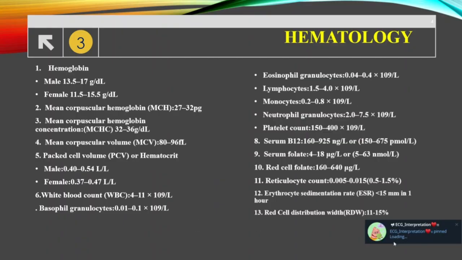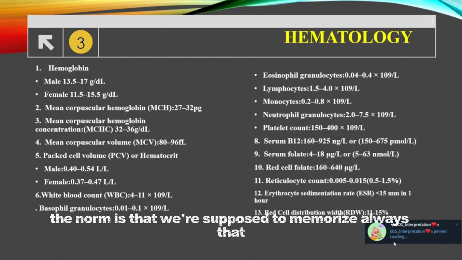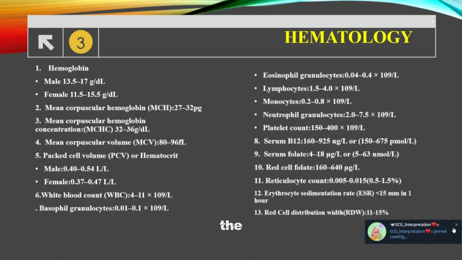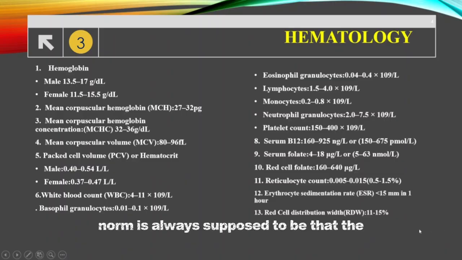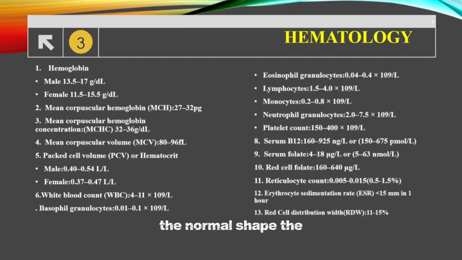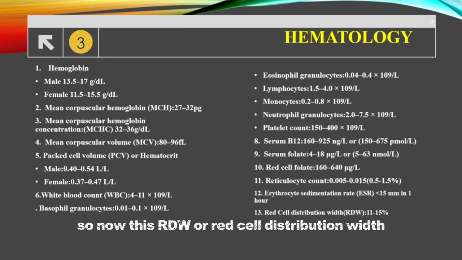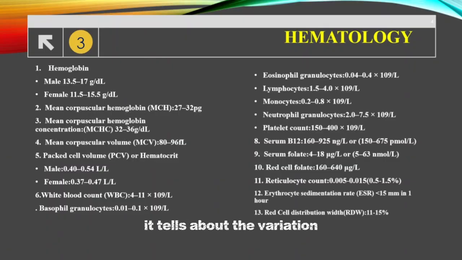Remember, we're supposed to memorize that the normal is that the red blood cells should have the same shape and size. Okay, that's the norm. So this RDW, or red cell distribution width, tells about the variation in terms of the size and shapes of those red blood cells.